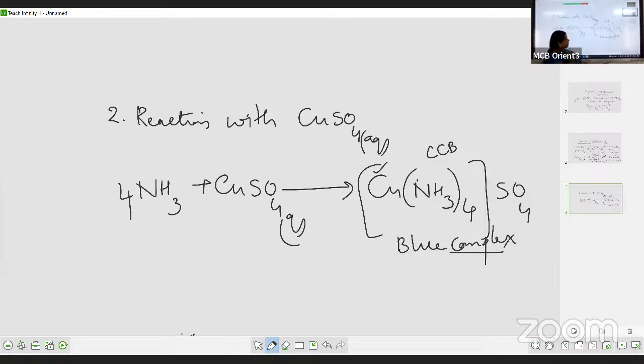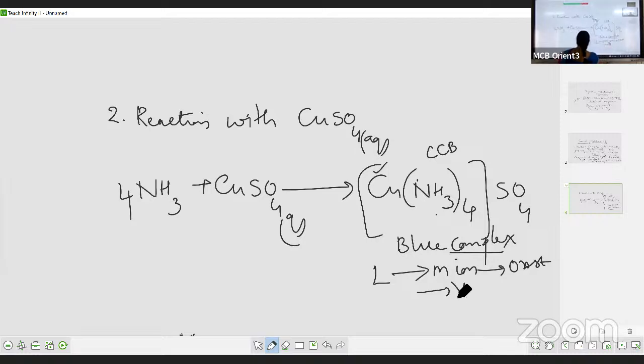We know that copper is a D block metal. Now, what is the IUPAC name of this complex? For writing the IUPAC name, first you have to name the ligand with the prefix, then the number of ligands, then the metal ion, then the oxidation state of the metal ion, then the primary valency.